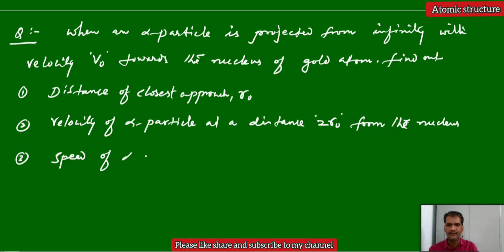The speed of the alpha particle at a distance R naught by 2 from the nucleus.